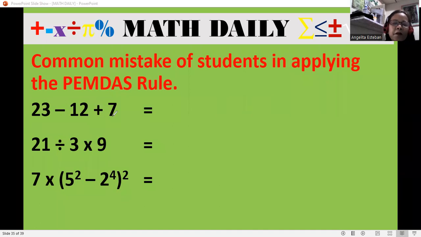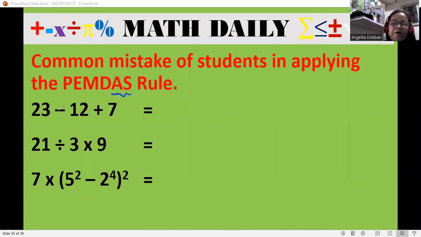Now, this is the common mistake of students when they solve this, because as you notice in the PEMDAS rule, A comes before the S. But we have to remember that A and S are actually interchangeable. So in this case, if you have the first operation as subtraction, that has to be done first.